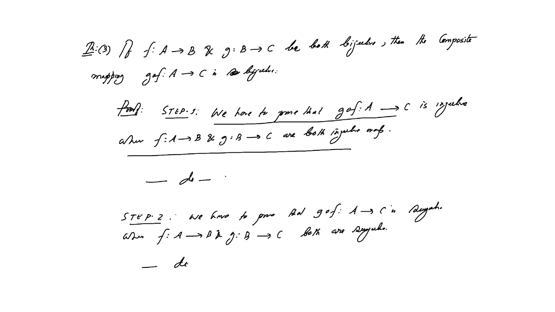That we have already done in theorem 2. So combining these two, by step 1 and step 2, we conclude that g composed f: A to C is bijective, where f and g both are bijective maps.